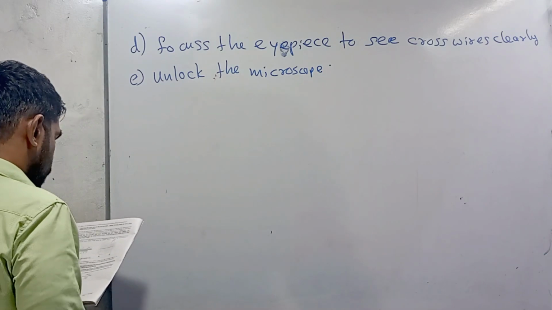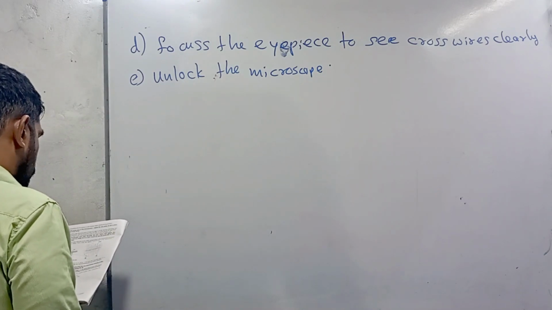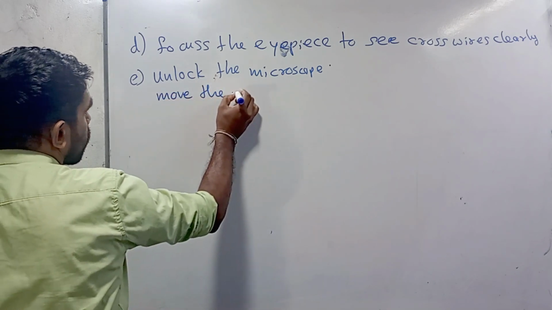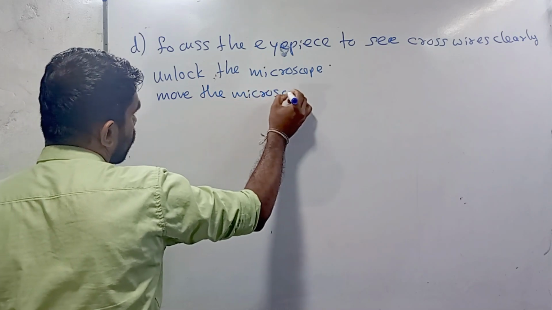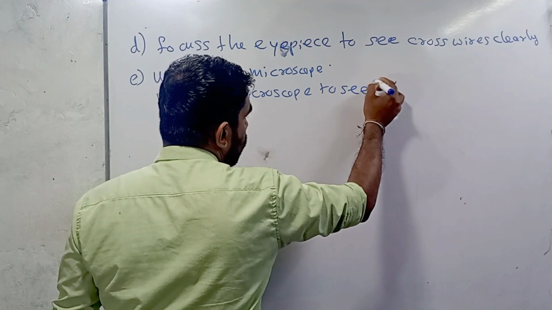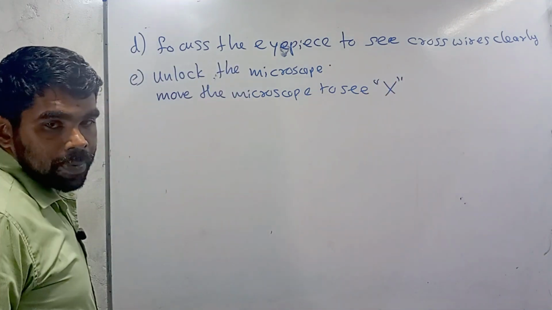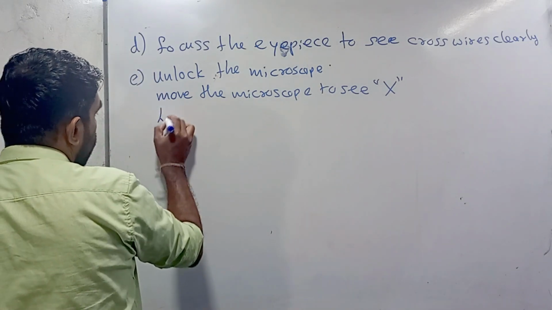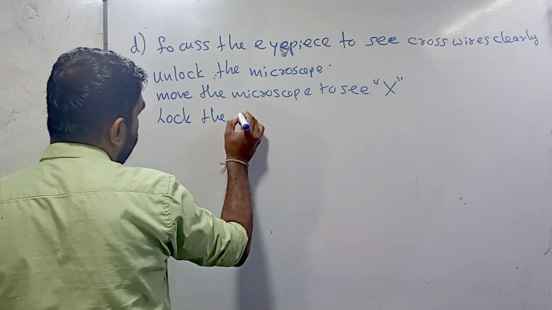Then move the microscope to see mark X on the paper. Then again lock the microscope.